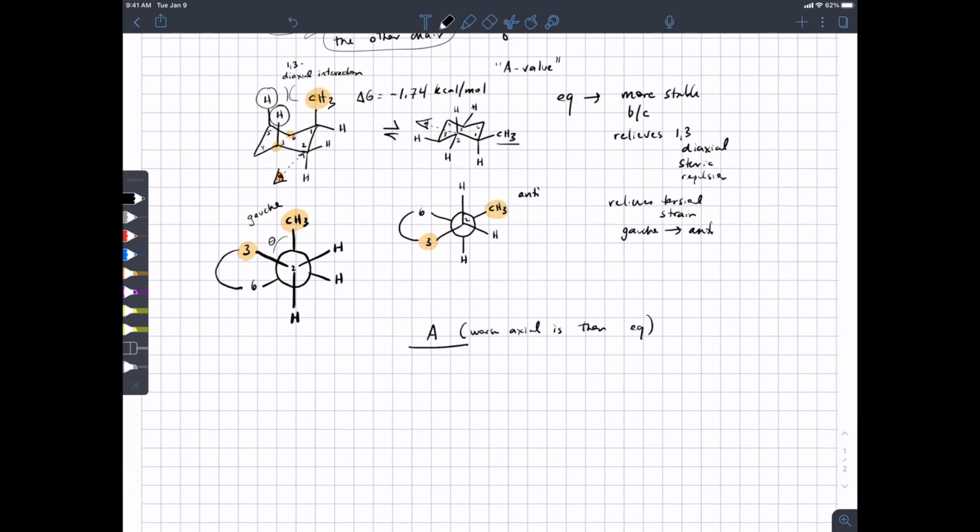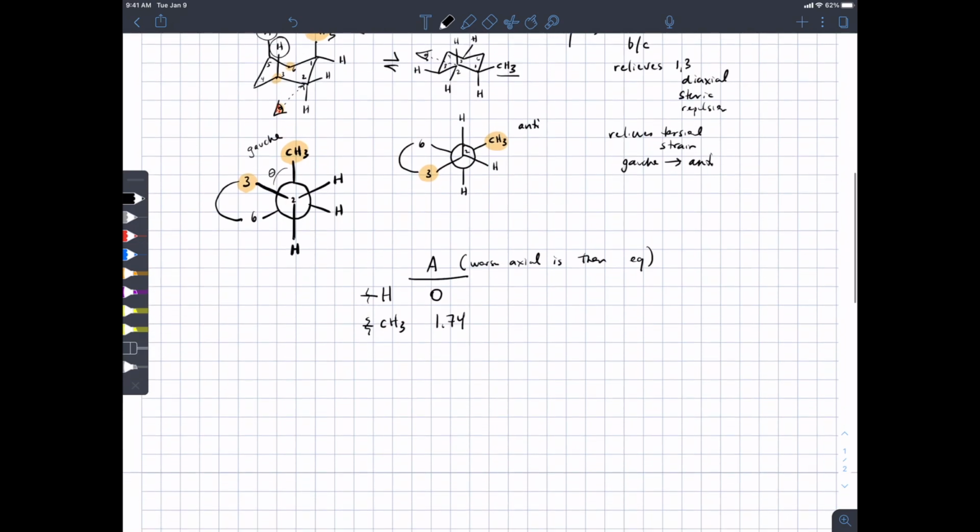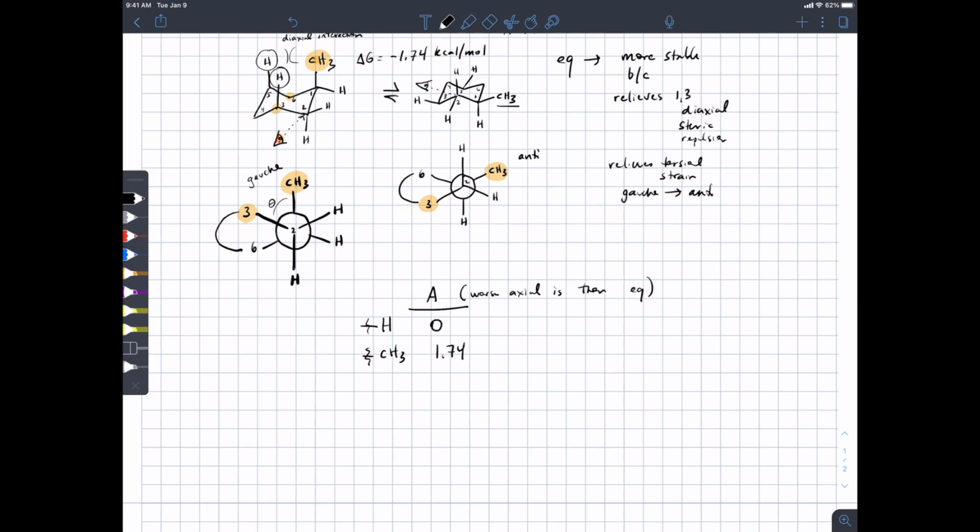And there's a bunch of substituents listed in your study guide, and we'll just point out a few. Hydrogen, of course, is 0, because if everything is hydrogen there, the two chairs are identical, right? If it's the methyl group attached to one of the carbons, then the A value is 1.74. And as you start to increase the bulkiness of the group, the A value starts to increase.